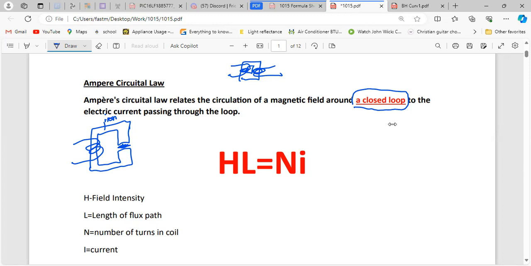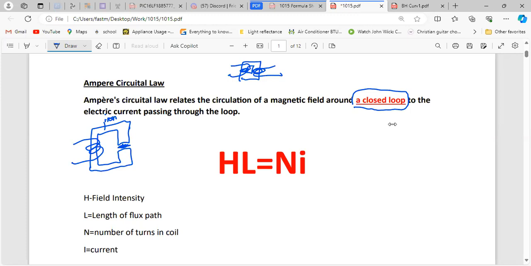Once it's a closed loop of the same material, you can apply it, which is what I showed you just now with the torus and all those things. He will have shown you cores where it's just one material and a coil, and he asked you to do calculations. But now as you continue in the course, he will start to give you air gaps.